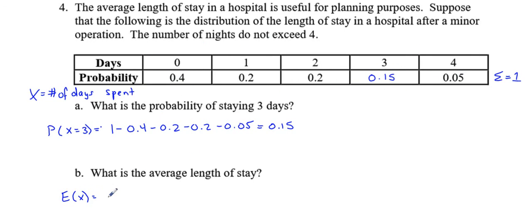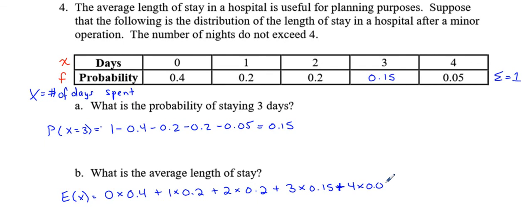But now the average length of stay, remember that this is the data, the outcomes, and these are the frequencies. So the expected value is the first outcome is 0 and its frequency is 0.4. The next outcome is 1 and its frequency is 0.2. The next outcome is 2 and its frequency is 0.2. The next outcome is 3, frequency is 0.15, and the last outcome is 4 and its frequency is 0.05.